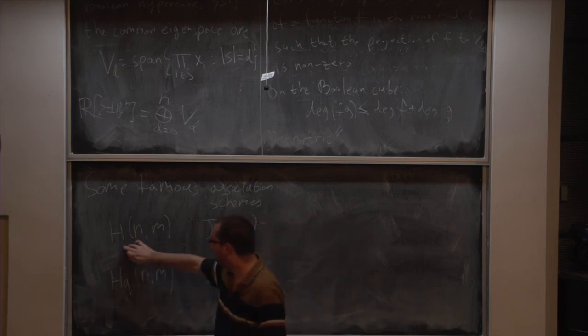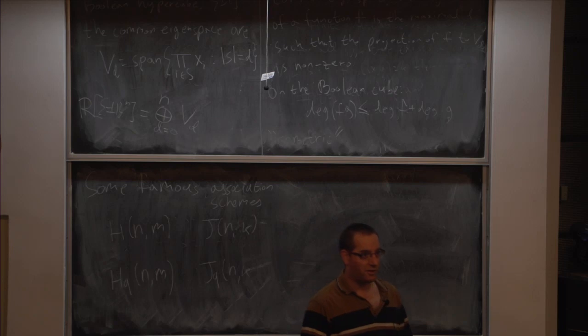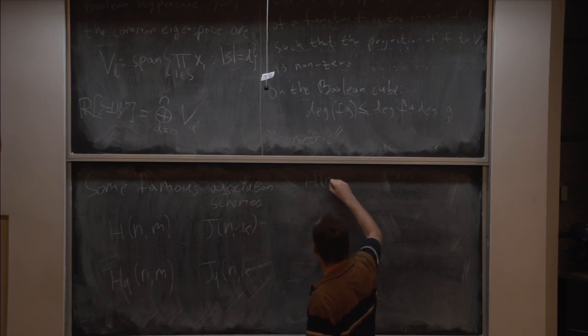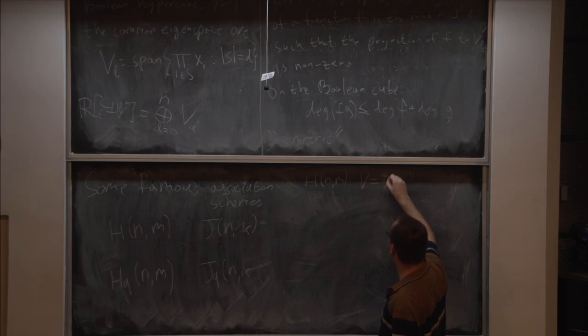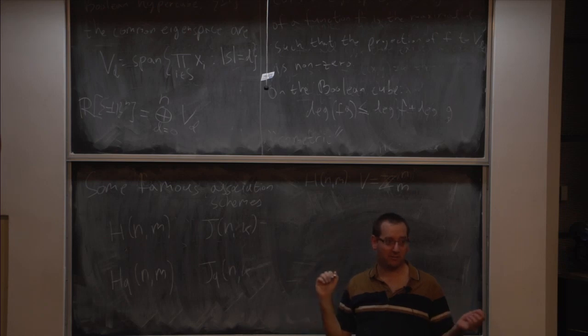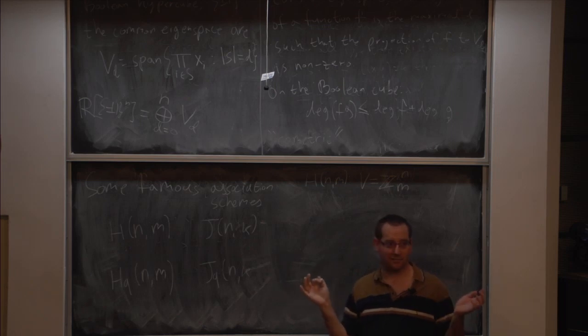Okay, so the first scheme, this H_n(m), is a generalization of the Boolean cube. So here, the vertices are Z_m to the n, and you connect two vertices if they differ in one coordinate. So the distance between two vertices is just the Hamming distance.